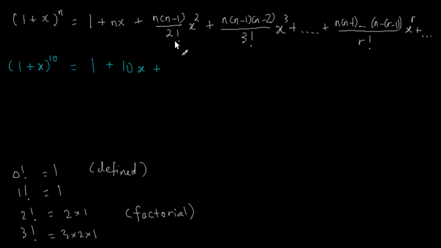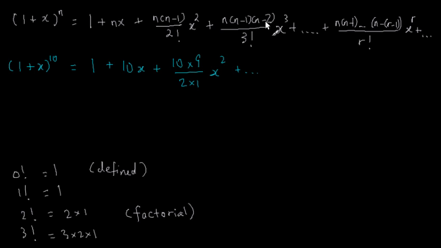And for this one, it's just a matter of substituting 10 into the n. So it looks like 10 times (10 minus 1), which is 9, over 2 factorial, which is 2 times 1, x squared. And if you remember, this is exactly what I've written down just now.